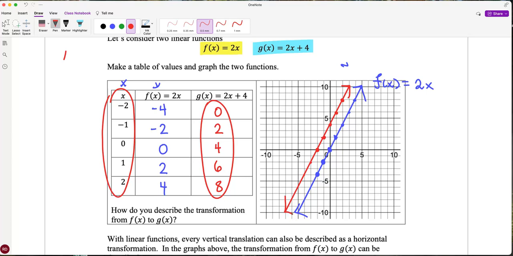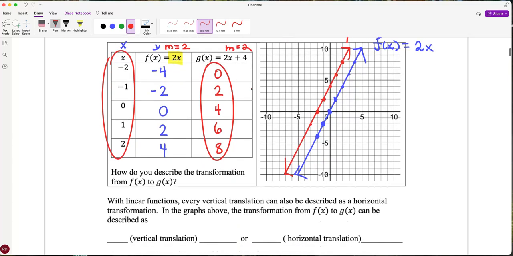And this is the line g of x equals 2x plus 4. Now I already know from what we did in our last unit that when I look at these two, the slope is 2, right? So the slope is 2, and this one as well, the slope is 2. So these are parallel lines.